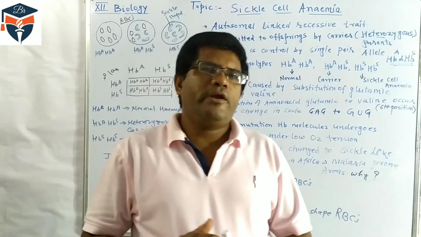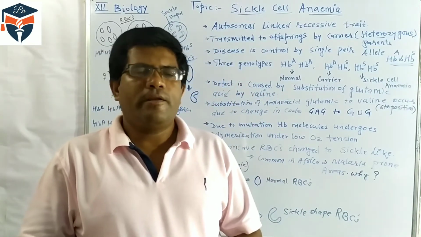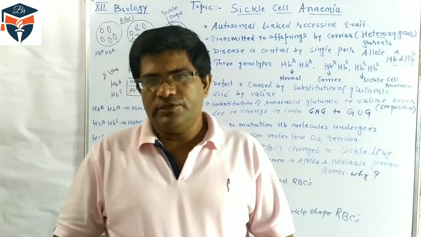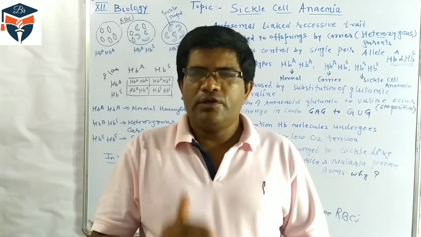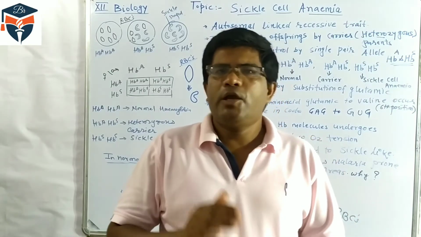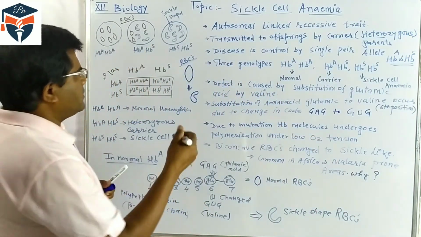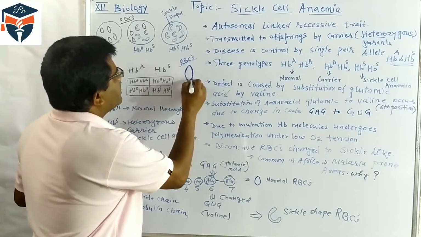Students, we know that in our blood there are red blood corpuscles, which are called RBCs. These RBCs help to carry oxygen. Generally, our RBC has a biconcave structure.